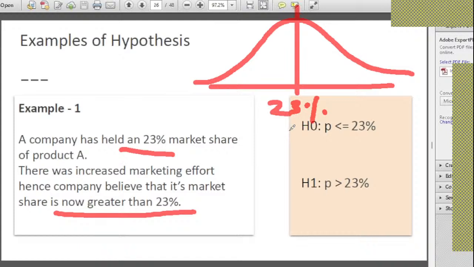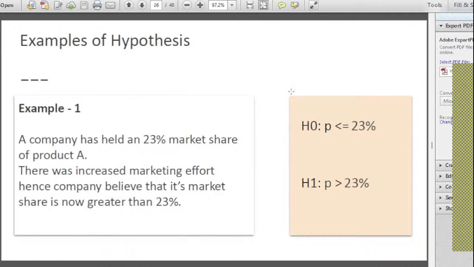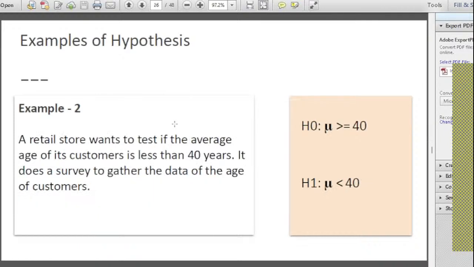Everyone? Right side? Everyone with me? Yeah, all of you are saying right. Very good. So I believe the concept has sunk in well. Okay. Here, on which side am I going to test my claim?